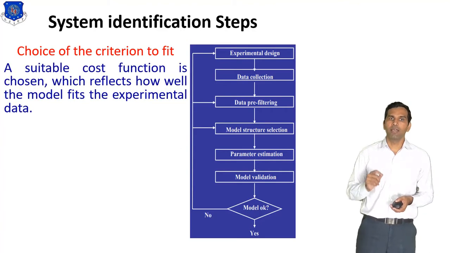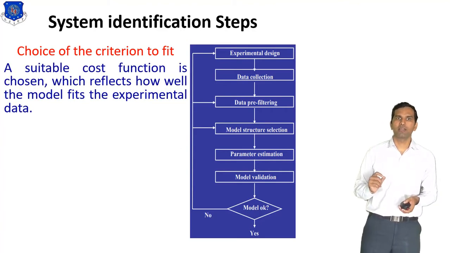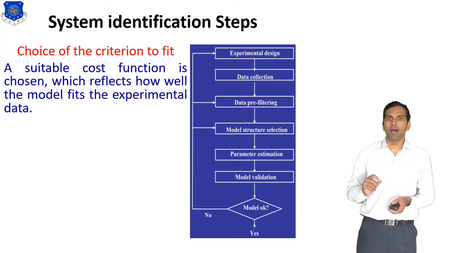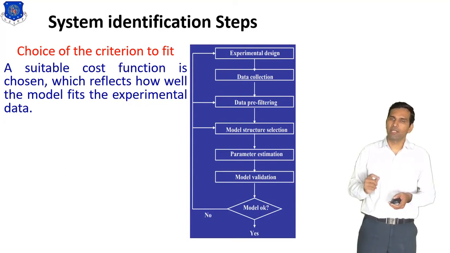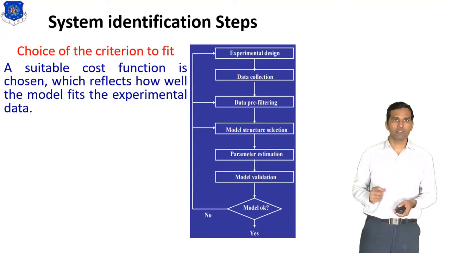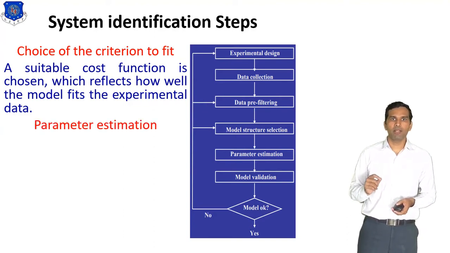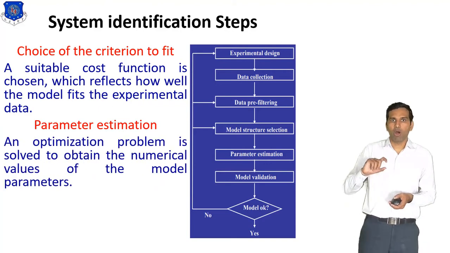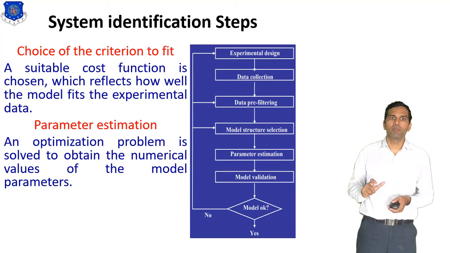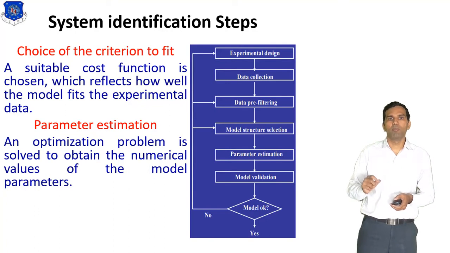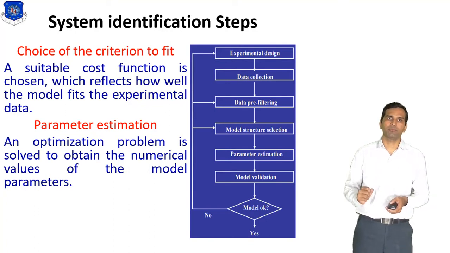A suitable cost function is chosen which reflects how well the model fits the experimental data. Now the next one is parameter estimation. In this step an optimization problem is solved to obtain the numerical values of the model parameters.